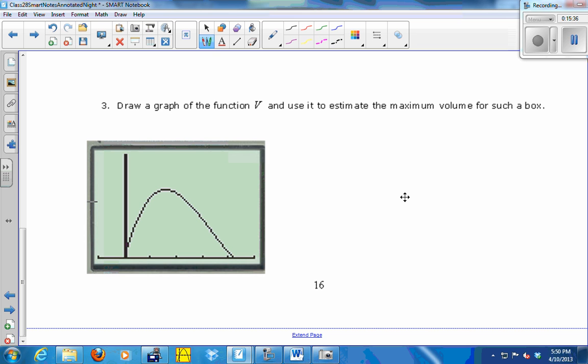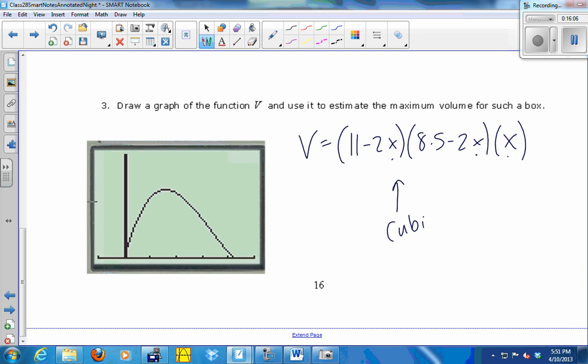When I look at my formula, 11 minus 2x times 8.5 minus 2x times x, what's the degree of that polynomial? If you multiplied it all out, what would the highest power on x be? It would be a cubic. Yeah, because I've got an x in every term. When I multiply them together, I'm going to get an x cubed.